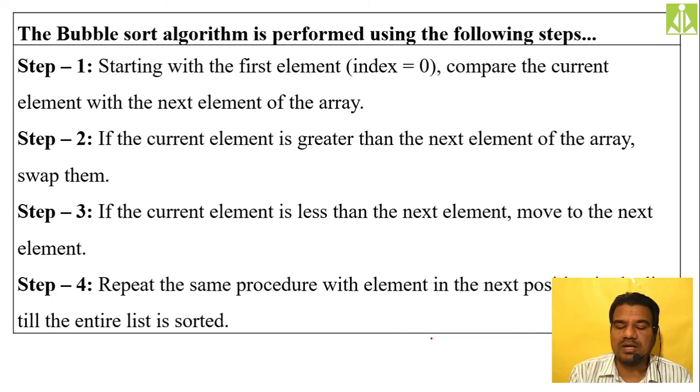If the current element is greater than the next element of the array, same as your previous case, simply swap. If the current element is less than the next element, move to the next element. Whether we perform swapping or nothing, we leave the first element and jump to the next element in the current iteration itself.